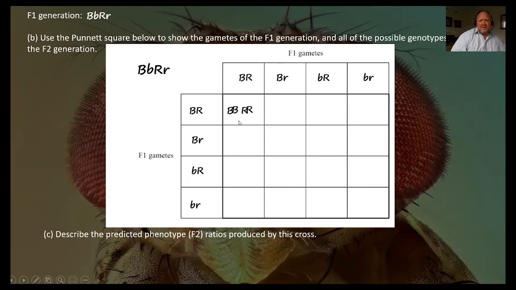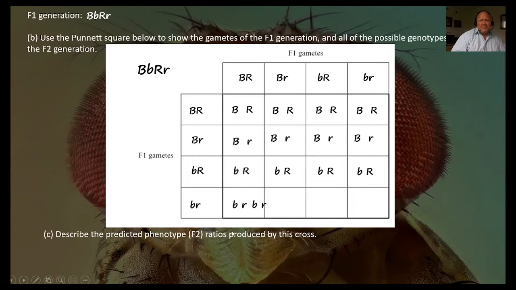I'm doing the same for this one, dragging them across, and then this one, and this one. Now this shows all the possible combinations of fertilization of two F1 gametes.